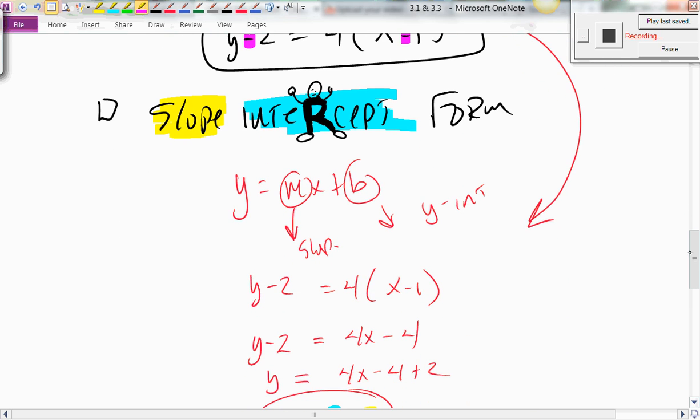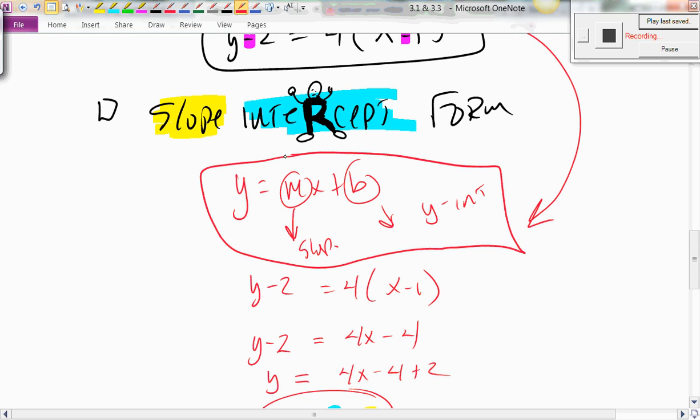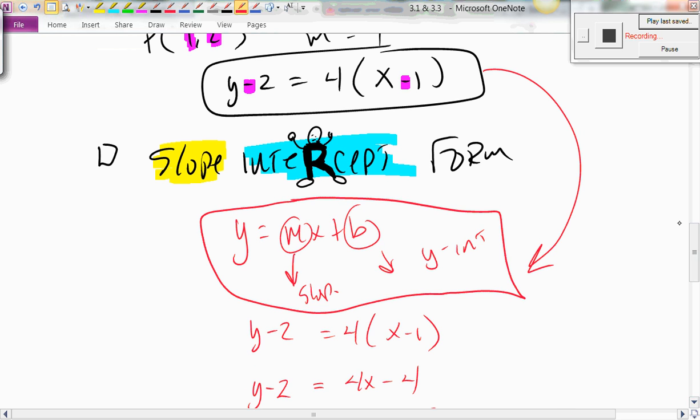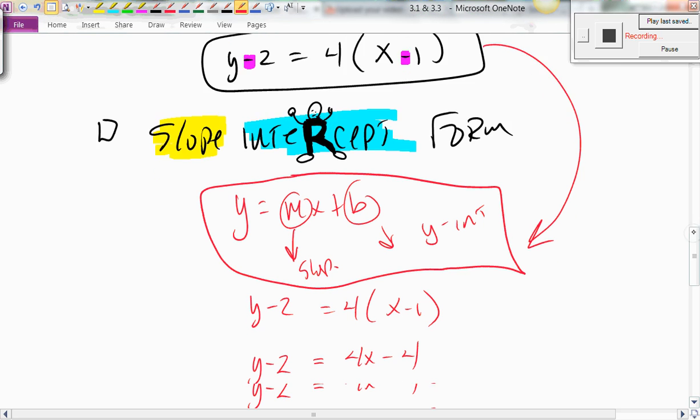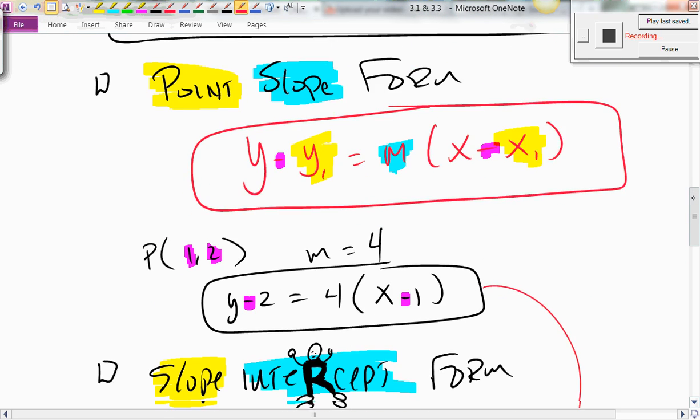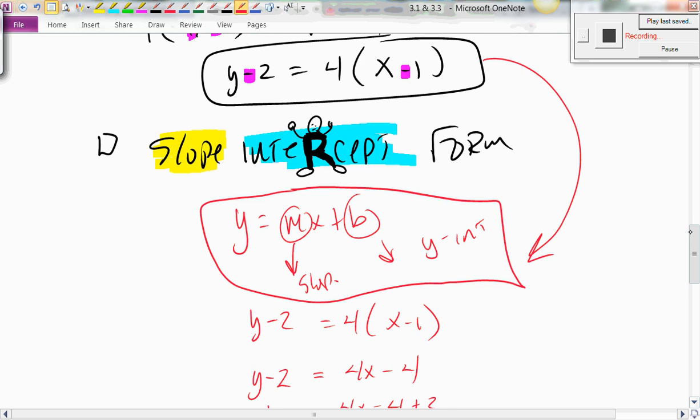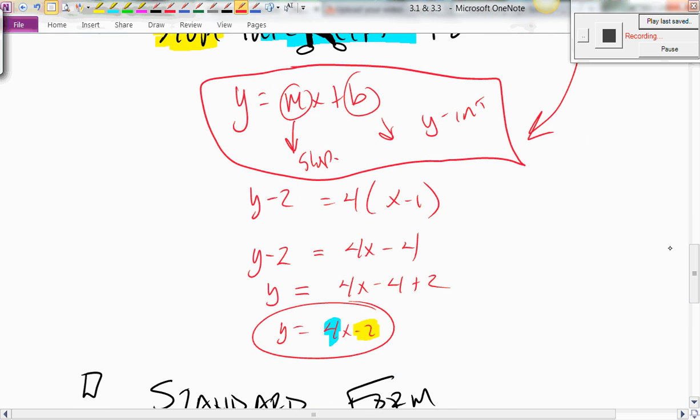Okay, then there was slope-intercept form, and I misspelled it, so I made an R out of it. Slope-intercept form is the one that everybody seems to remember. It's y equals mx plus b, where m is the slope and b is the y-intercept. So then I asked everybody, okay, take the last equation that we did that was in point slope form, and turn it into slope-intercept form. So the way we do that is, okay, we have y minus 2 equals 4 times x minus 1.